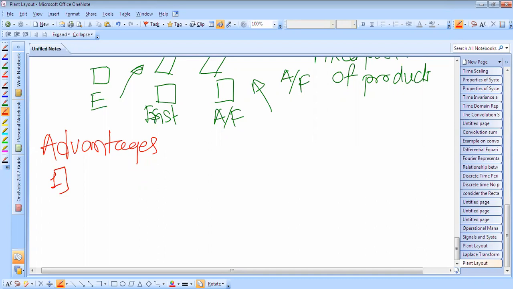Otherwise, if skilled workers are not there, the manufacturing will be delayed, and this is one of the advantages, because once we have the skilled workers, the manufacturing will happen in a very small time. Okay, next advantage is that we can have more skilled workers.